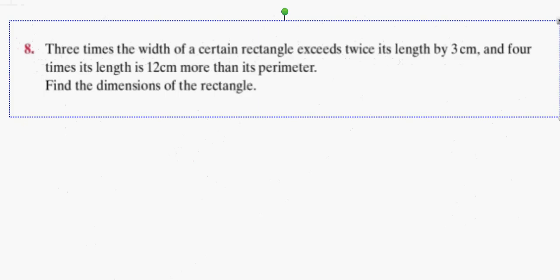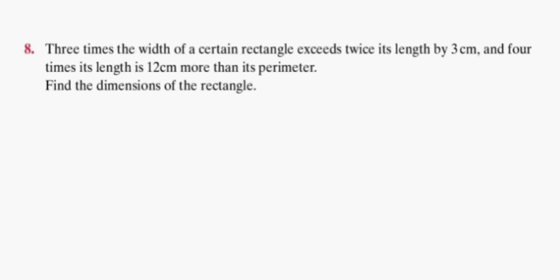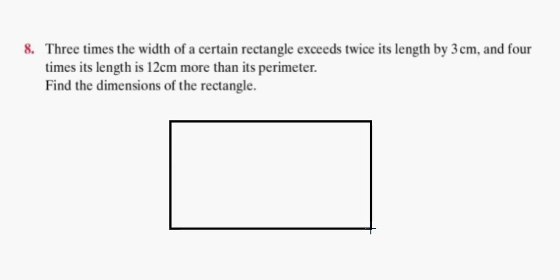Okay. 3 times the width of a certain rectangle exceeds twice its length by 3 centimeters, and 4 times its length is 12 more than its perimeter. Now find the dimensions of the rectangle. Okay. I need to draw the rectangle, otherwise I'm not going to be able to answer this. Alright.